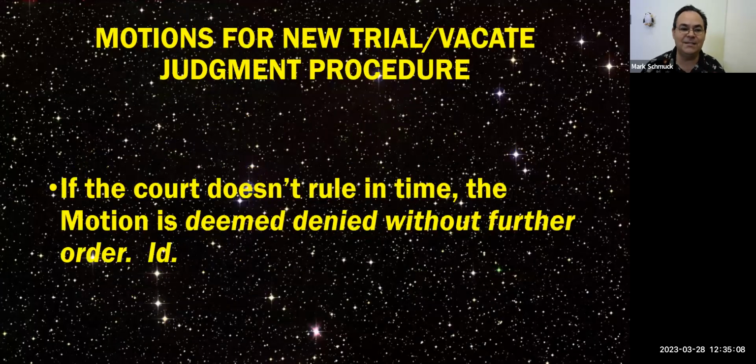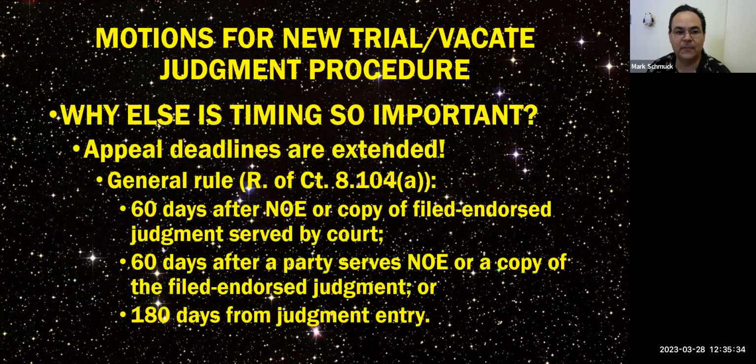If the court does not rule in that time, the motion is deemed denied without a further court order. It is incredibly important. Again, this is jurisdictional. The court has no option but to make a decision within that 75-day period. And we'll talk about how we get to that hearing in just a moment.